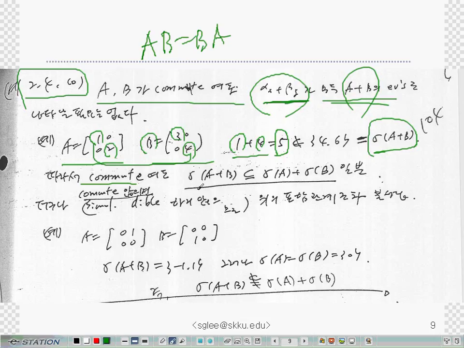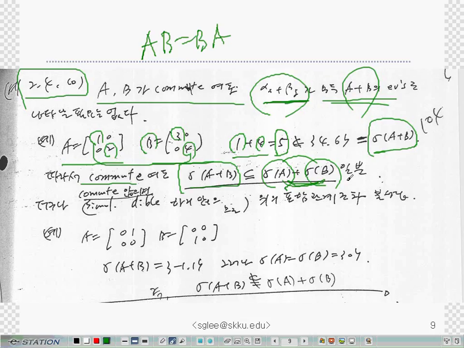But we can say the set of eigenvalues of A plus B is a subset of the set of eigenvalues of A plus the set of eigenvalues of B. This is a lot larger group, because you know what this means?